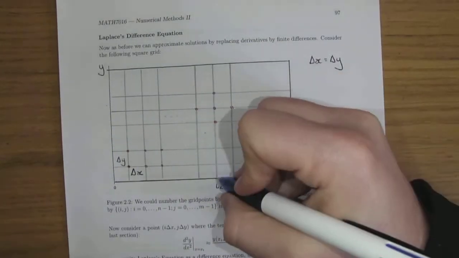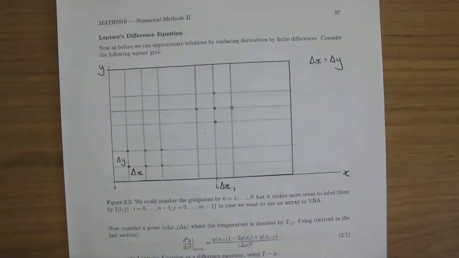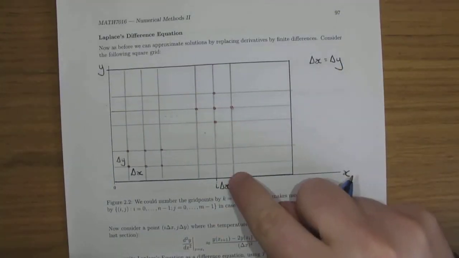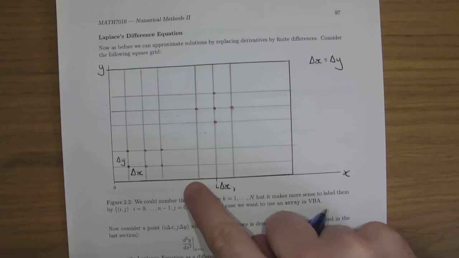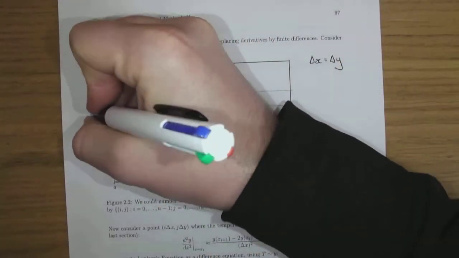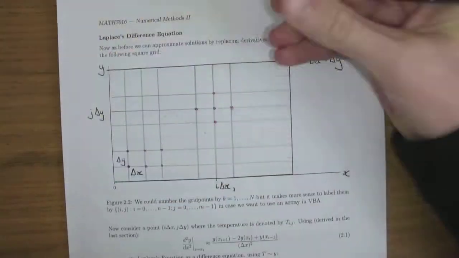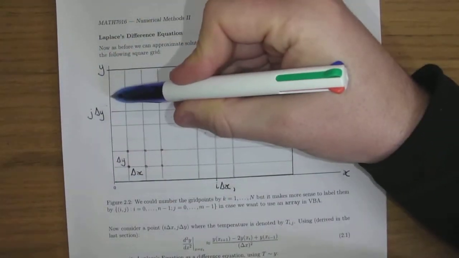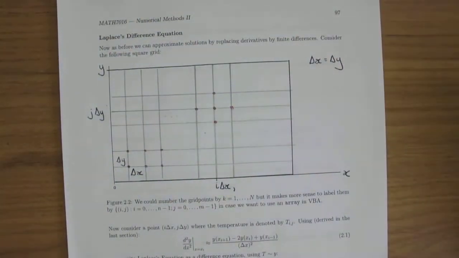The next point is i plus 1 delta x, and this is i minus 1 delta x. Similarly, let's take this to be j delta y, so this is j plus 1 delta y, and this is j minus 1 delta y.